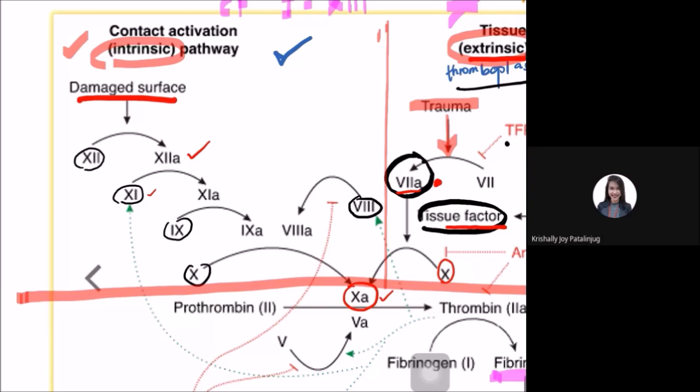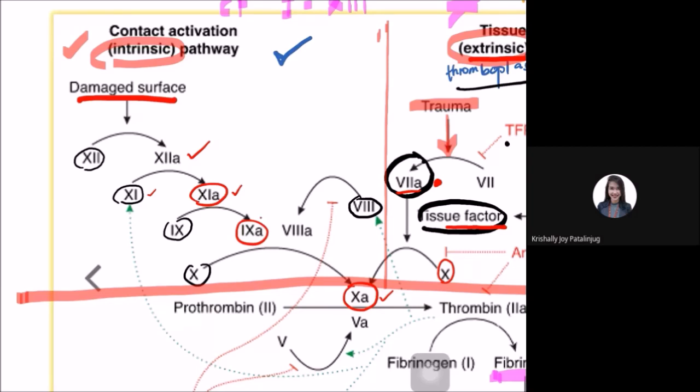So it is a cascade. When one is activated, it is needed to activate the next one, and so forth. The clotting factors help each other. You don't need to memorize this as long as you understand the concept of the intrinsic and extrinsic pathways in blood coagulation. So 11A will be utilized to make 9A.